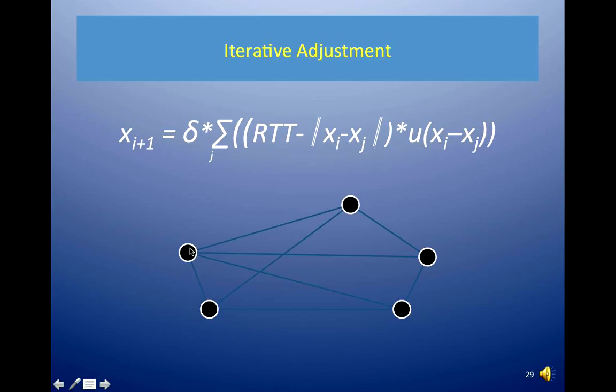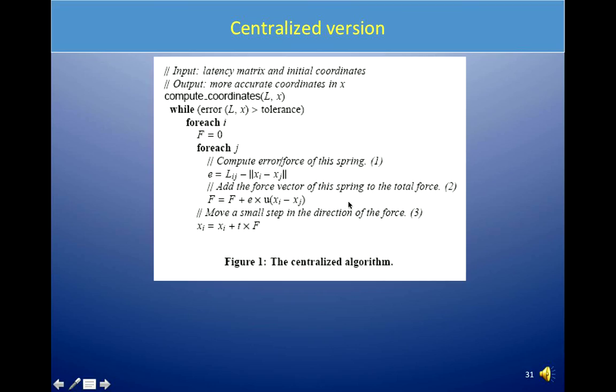Now since this node is moved, this node is going to move, and now this node is going to move. So as every node moves, after final convergence, the distances represent the RTT. This is how the base Vivaldi algorithm works.